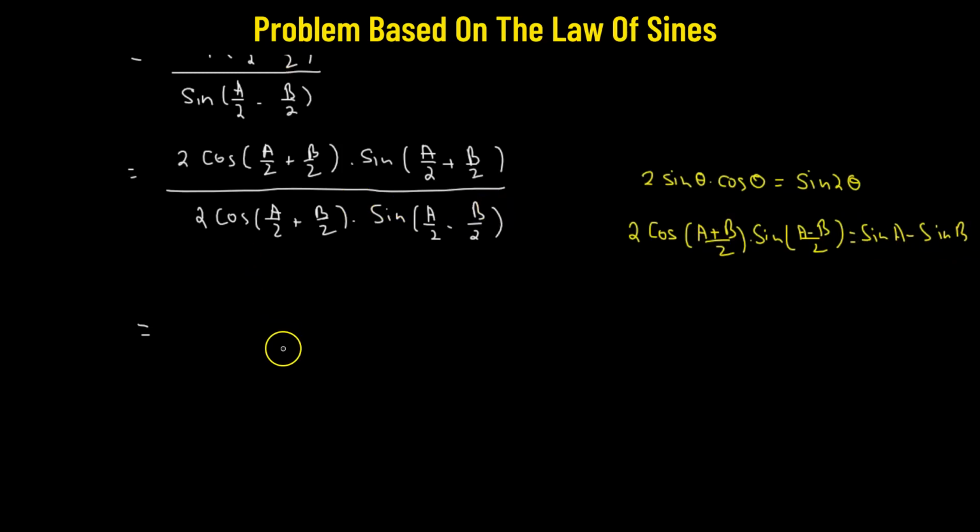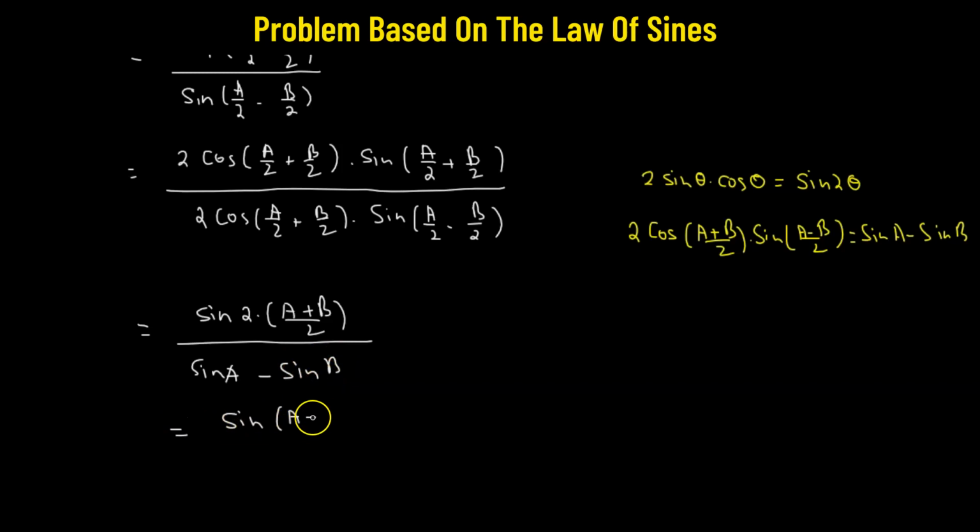Our numerator will now become sine of 2 times (A plus B) over 2, divided by sine A minus sine B. That gives us sine of (A plus B) divided by sine A minus sine B.